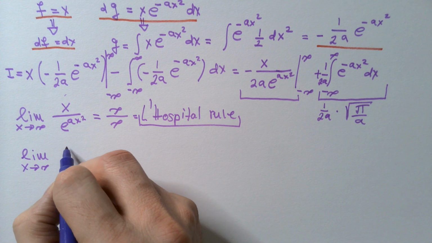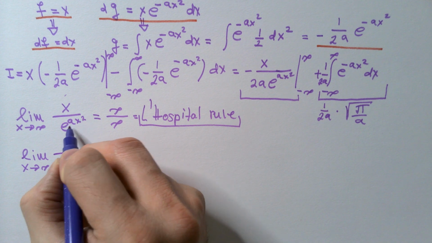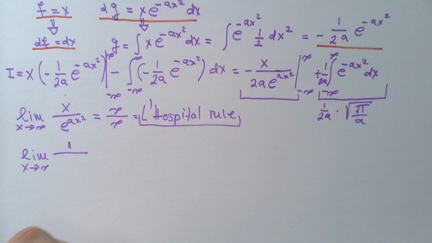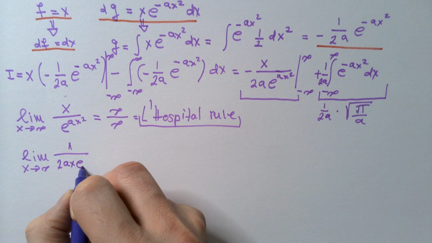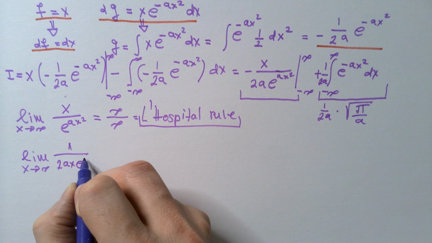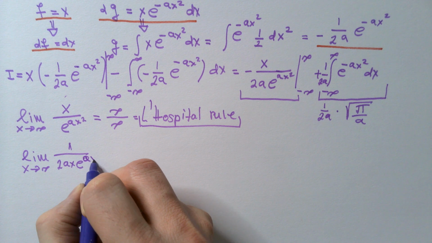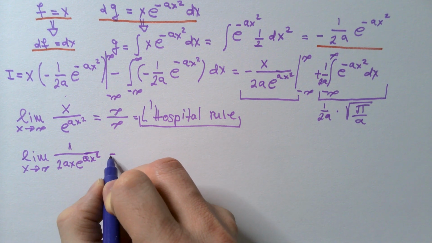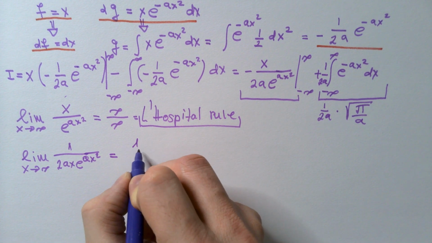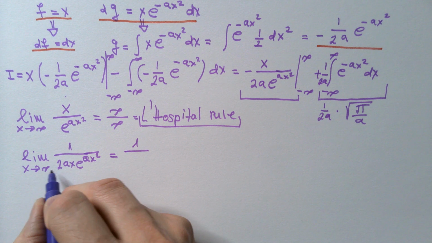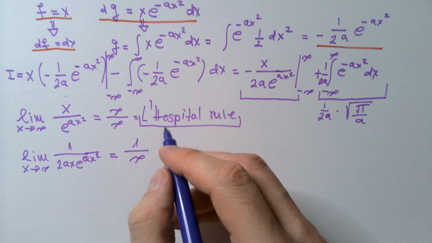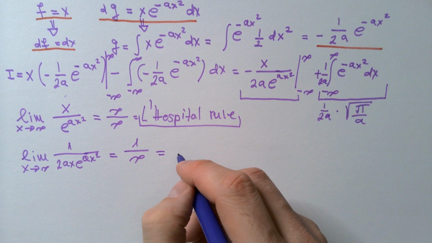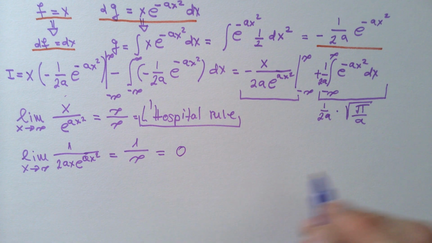In other words, we will evaluate limit x tends to infinity. Derivative of x with respect to x is 1. Derivative of this exponential function is 2ax e to ax squared, and this is equal 1 divided, when x tends to infinity, denominator is infinity, and 1 over infinity tends to 0.